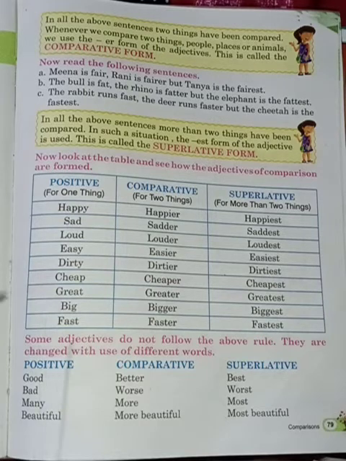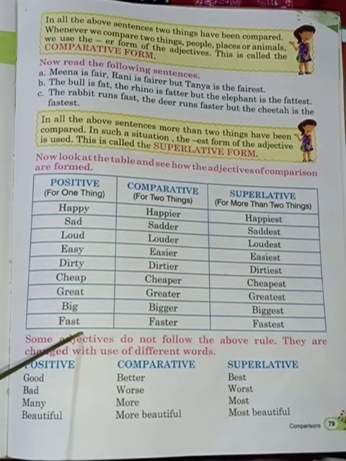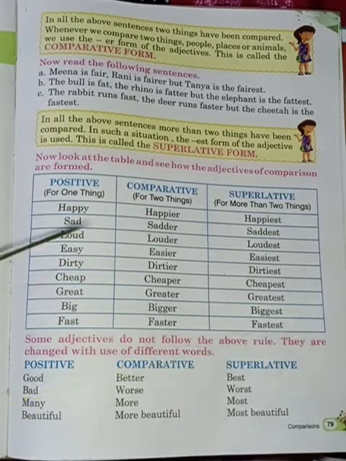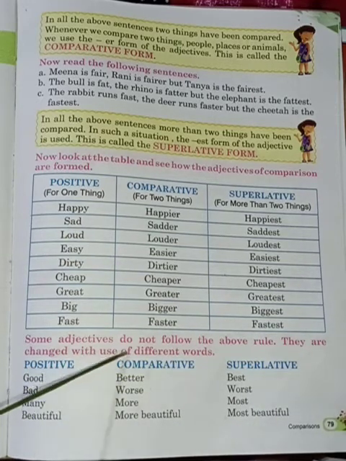Next we will see some adjectives that do not follow the above rule. They are changed with the use of different words. Means students, some adjectives don't follow any rule as in the above table. They are changed with the use of different words. Let us see how it is. Like here, good.